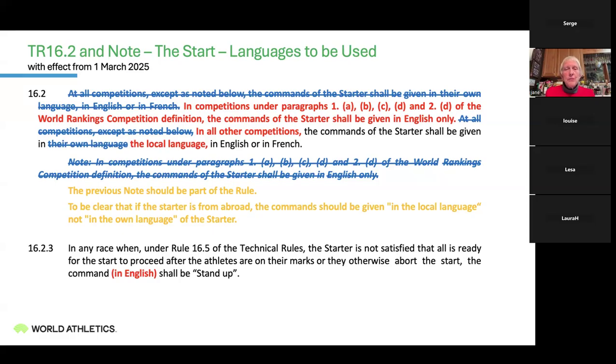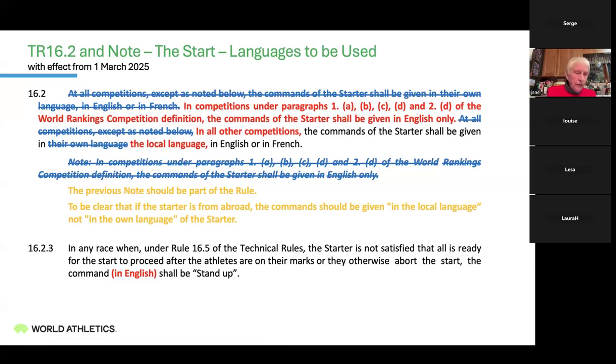In all other competitions, the commands of the starter shall be given in the local language, in English or in French. The previous note should be part of the rule, and to be clear, if a starter is from abroad, the command should be given in the local language, not in the own language of the starter.